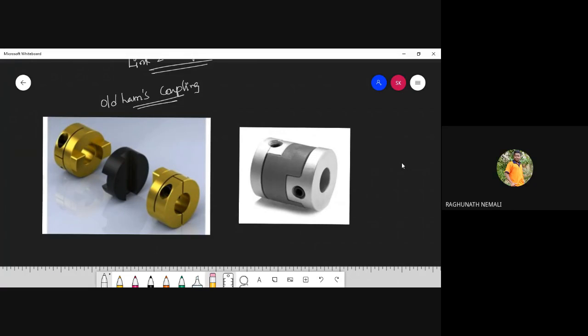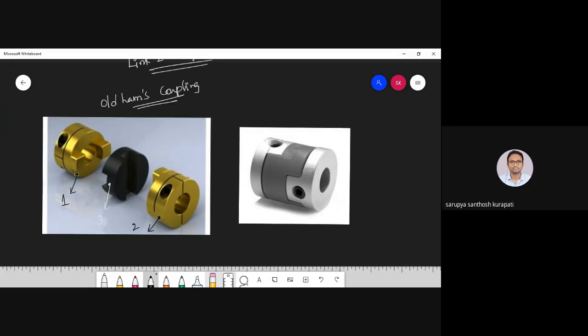Here, how many links do you have? So this is link number 1, and this is link number 2, and the black one is link number 3. Here the shafts and all those things were not given, but shafts need to be given.